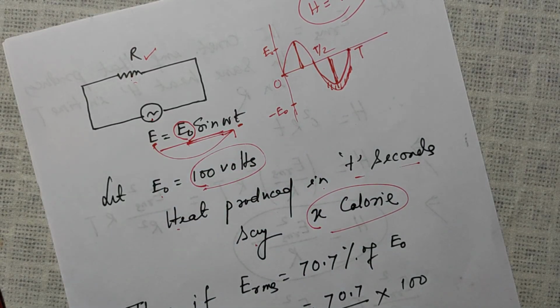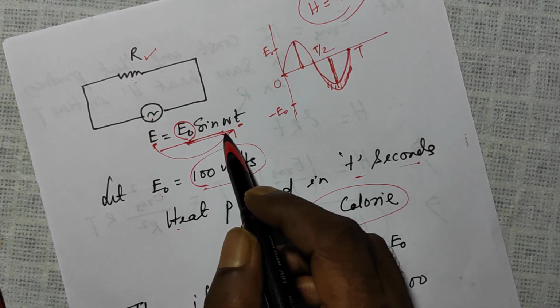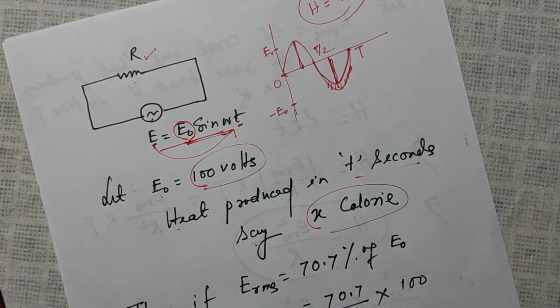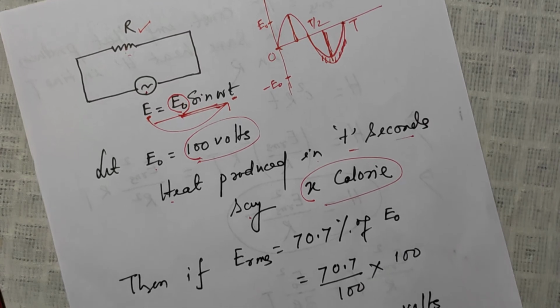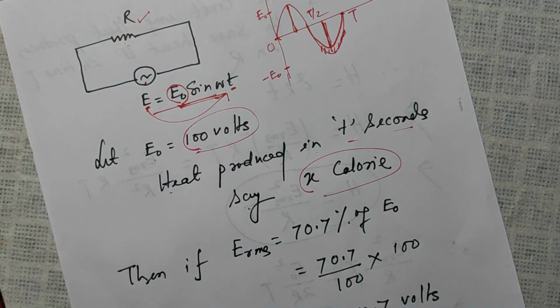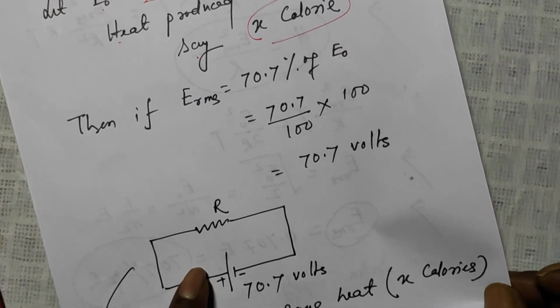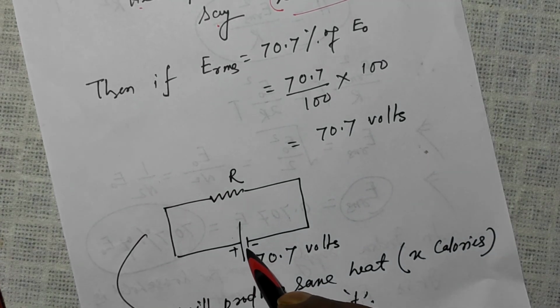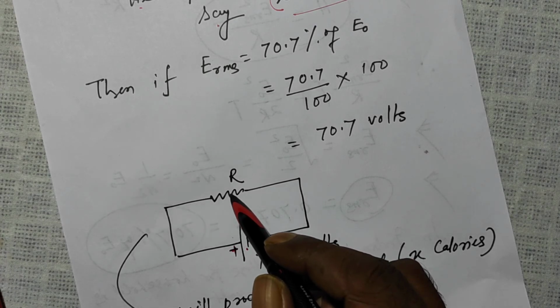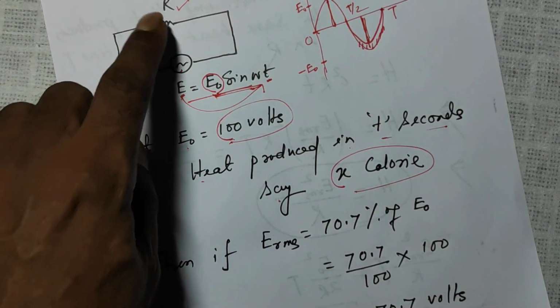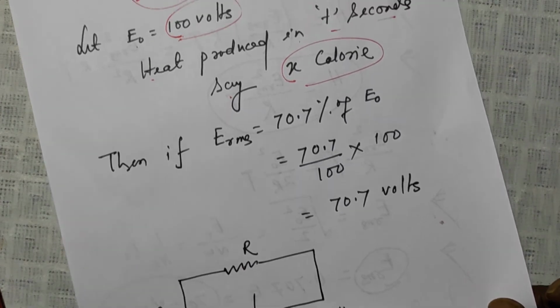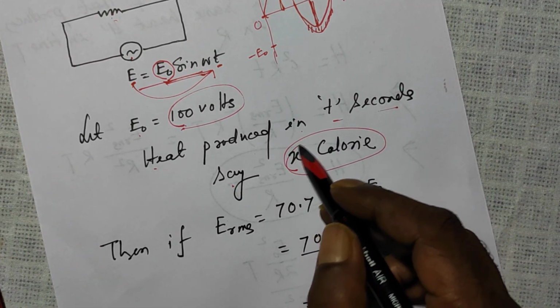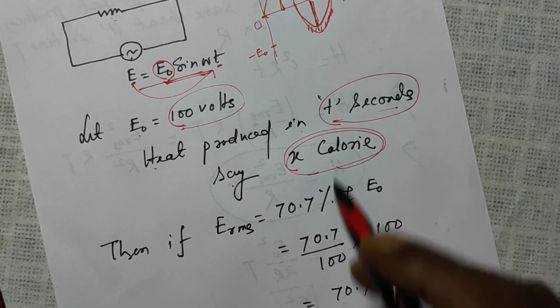Now, instead of applying this alternating voltage, EMF, across the same resistance, I am showing it here. What constant voltage should you apply across the same resistance so that the same amount of heat will be produced in the same time?